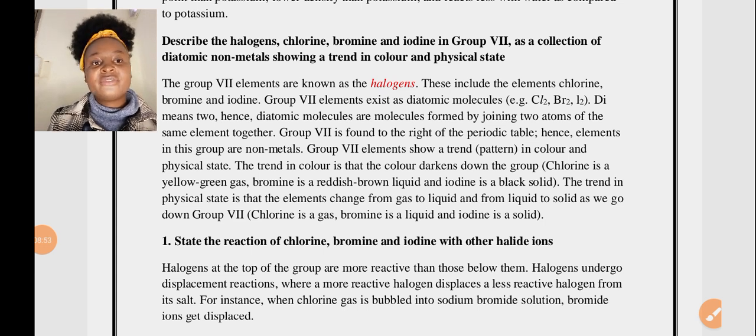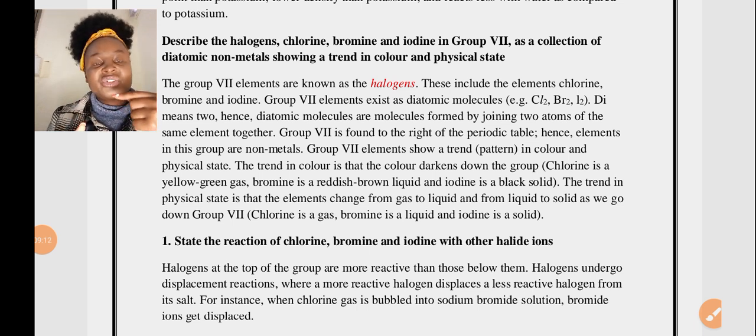For example, chlorine is a yellowish green gas, bromine is a reddish brown liquid, and iodine is a black solid. As we move from a gas to a liquid, the intensity of the color gets more. And then from a liquid to a solid, the color gets even darker.